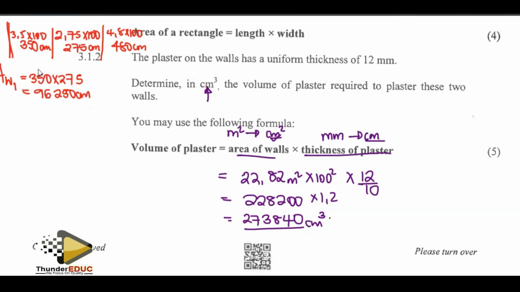These are centimeters squared. Look for the area of wall 2, which we said is 480, also times 275. You get? These are centimeters squared.